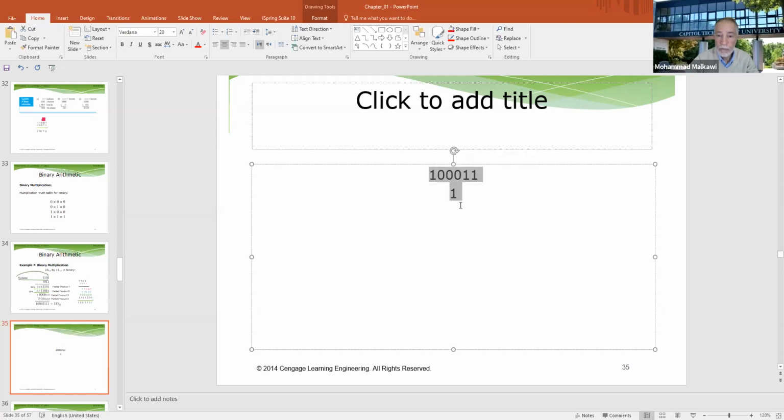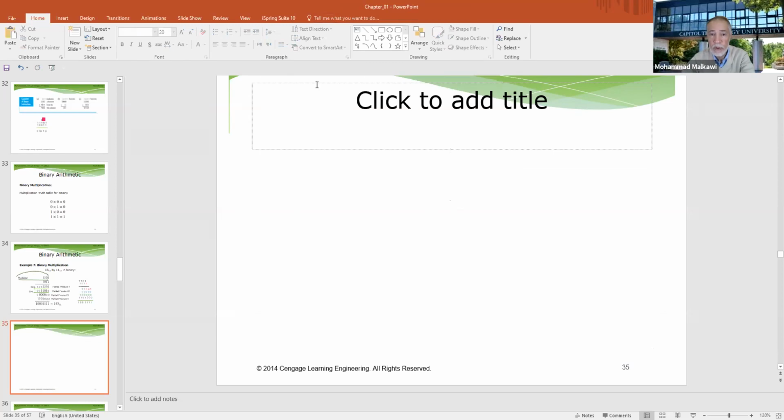Actually, that's not the way I want to do that. I'm better off using my trick here. So I could have my partial product as 1 0 0 1 1 1.